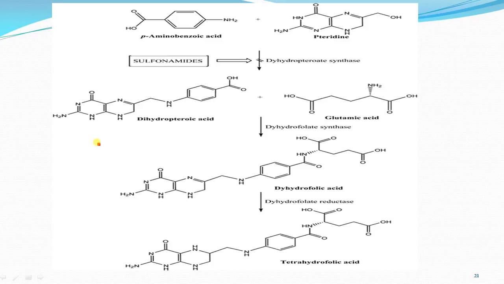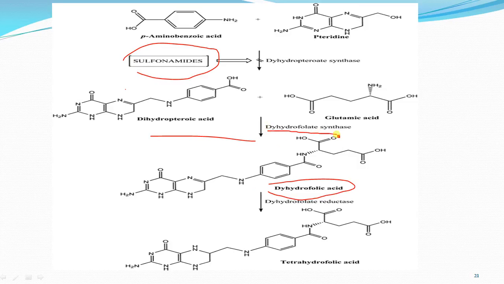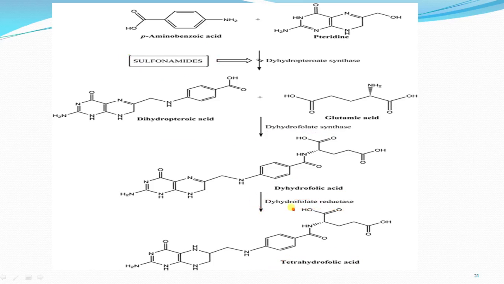It generally reacts with para-aminobenzoic acid with pyridine, and forms dihydropteroic acid in the presence of dihydropteroate synthase. This is inhibited by the sulfonamide, and further this dihydropteroic acid is converted into dihydrofolic acid in the presence of dihydrofolate synthase enzyme. This dihydrofolic acid is converted into tetrahydrofolic acid, and this dihydrofolate reductase is inhibited by pyrimethamine and trimethoprim type of drugs.